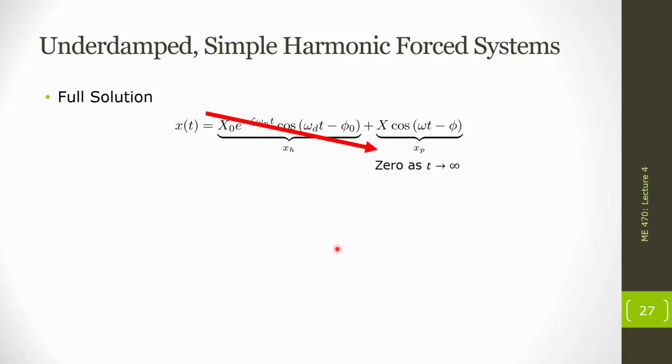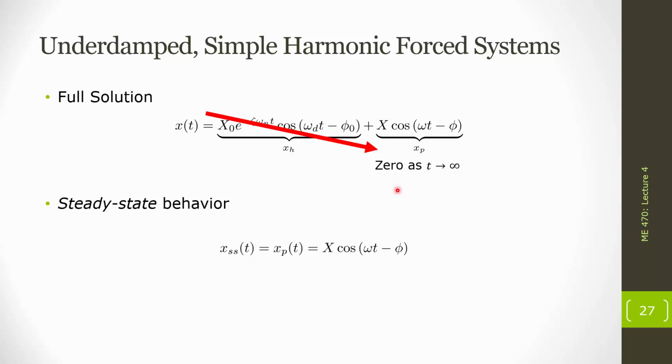It's going to get smaller and smaller as t goes to infinity. So what we have left as t starts to get large is just the steady state behavior. That x steady state turns out to be just the particular solution, since the homogeneous solution for these underdamped systems goes to 0 as time goes towards infinity.